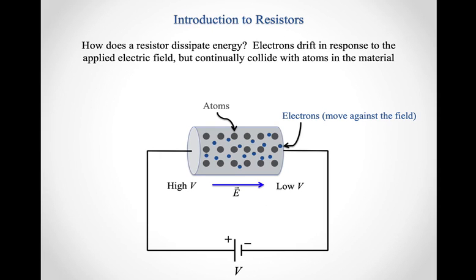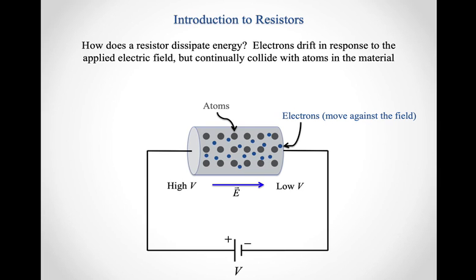So initially, we defined our resistor as something that resists current flow across it. Well, another way that we can think about a resistor, sort of a second definition, is that fundamentally what resistors do in terms of the energy in your circuit is they dissipate that energy. As that current flows across the resistor, it's going to convert the electrical energy of those charges into the thermal energy of the material that makes up the resistor.